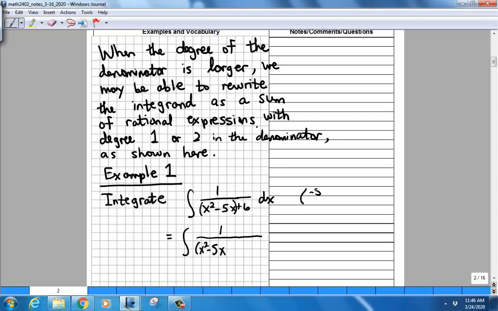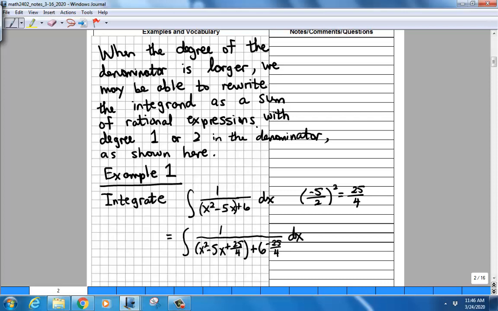You would take the minus 5 and divide that by 2 and square it, so that ends up being 25/4. Positive 25/4. So we would add in here positive 25/4. Of course, you had the plus 6 there already, but since we added in the positive 25/4, we have to subtract that out, so that we don't change the problem.